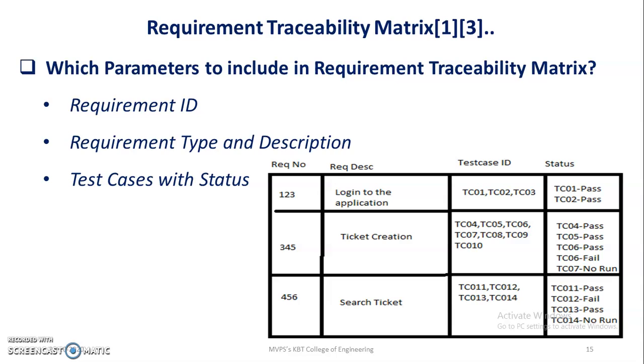All these things are recorded in that table or spreadsheet. As shown in the example in the given slide, the table contains requirement number, requirement description, test case ID, status, and the three records of test cases are shown here.